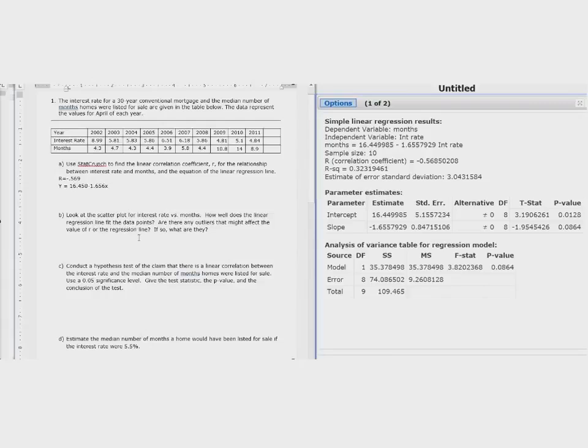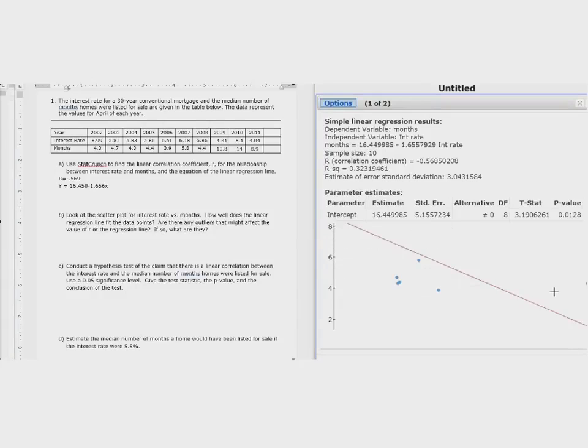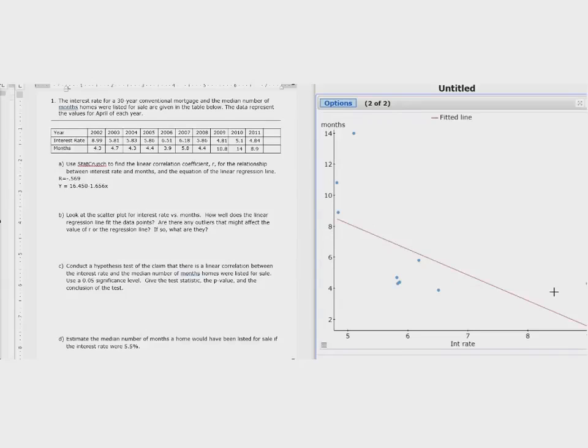Okay, then the other thing that this will do automatically for you is it will give you a scatter plot. So if I go back to StatCrunch and I click this arrow on the bottom right, it will take me to the scatter plot. Now this one, because there weren't very many data points, it's kind of hard to tell what's going on here.